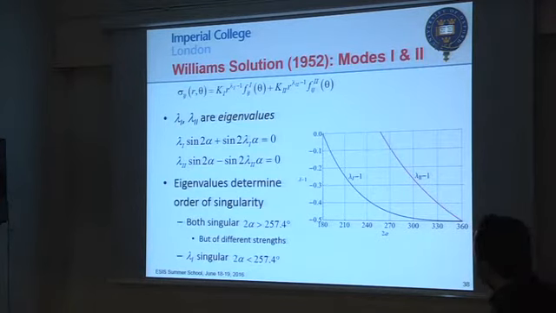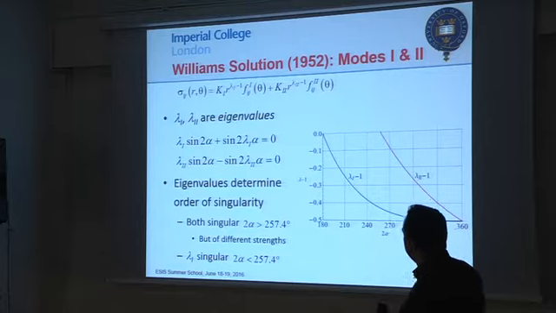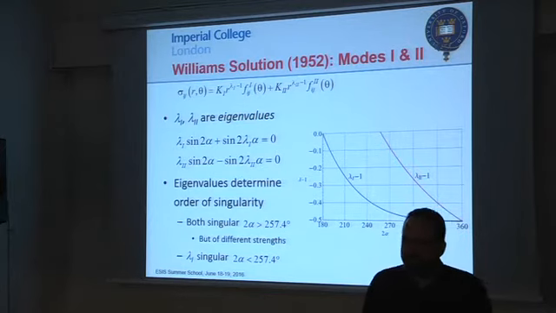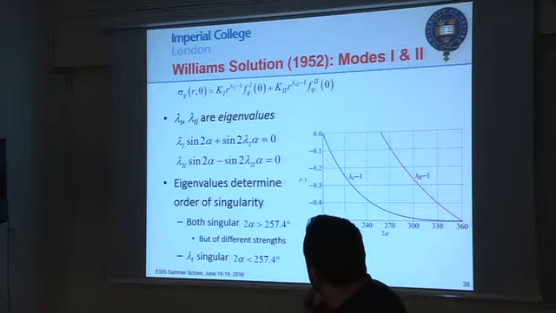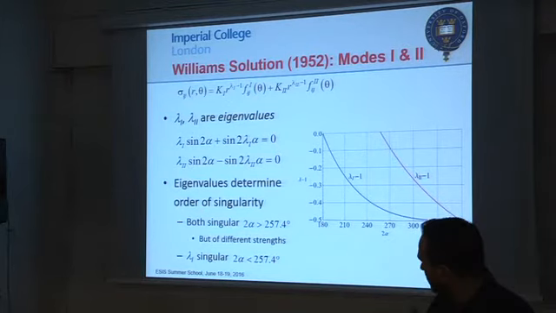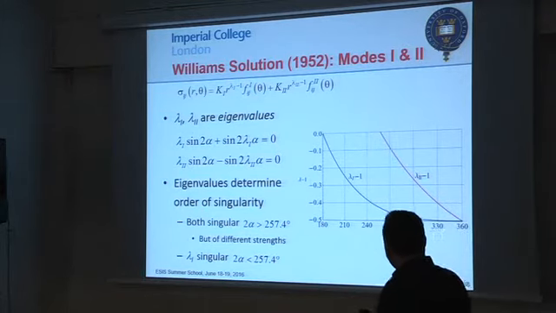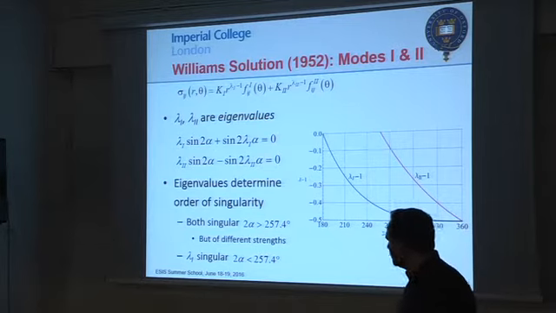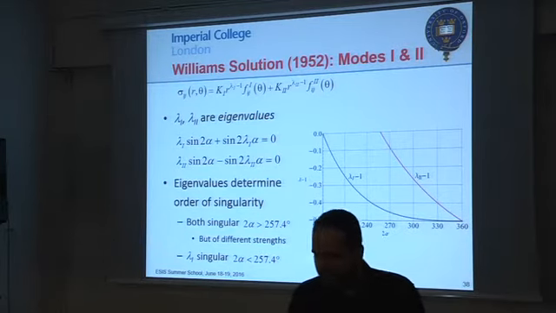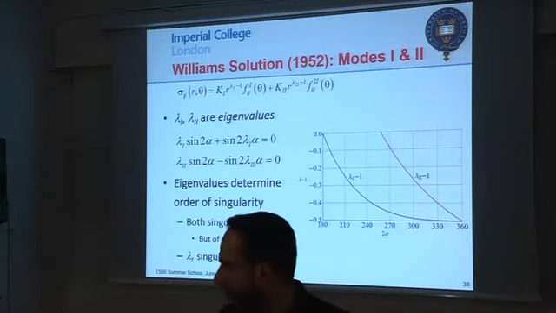In terms of a summary, for mode 1 and mode 2 loading, we can look at the stress field around the notch tip always as a combination of the two fields given by the solution for the symmetric part, this there, and the anti-symmetric part, that there. And we now know that the solutions for lambda 1 and lambda 2 come from those two little equations there, and the solutions are both singular in one range, and in the other range one is singular and one is bounded.